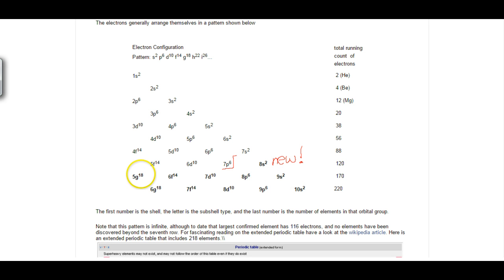Regardless, you can see that this is an infinite pattern, and you could continue. For example, element 242 would have an ending electron configuration of 6H22. Get it? So you can just continue this thing forever, which is kind of cool.